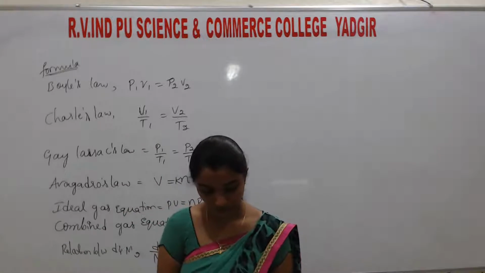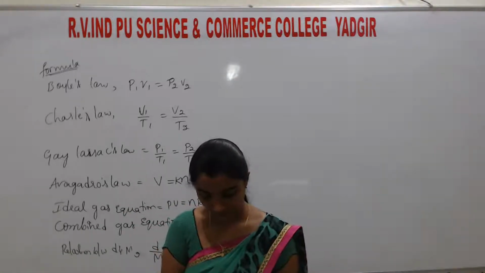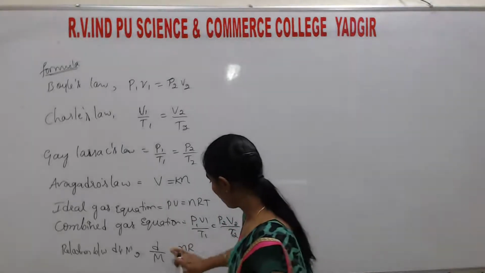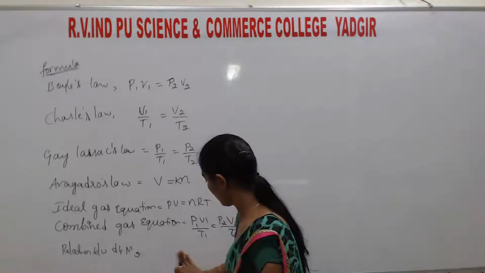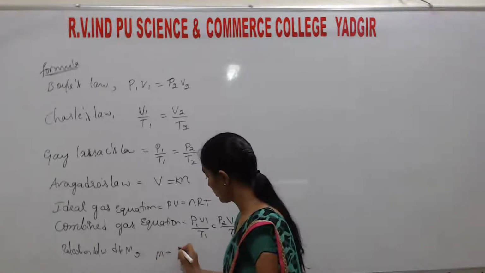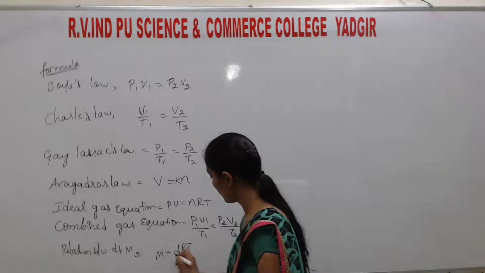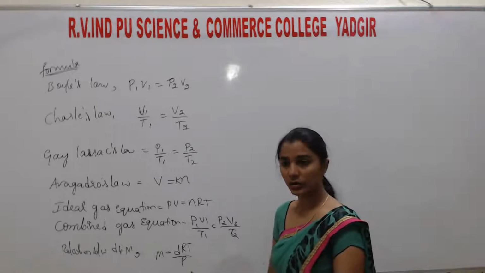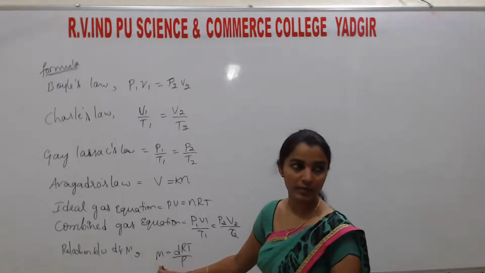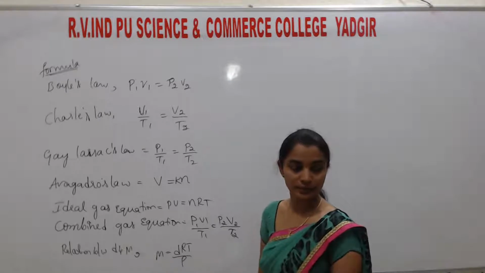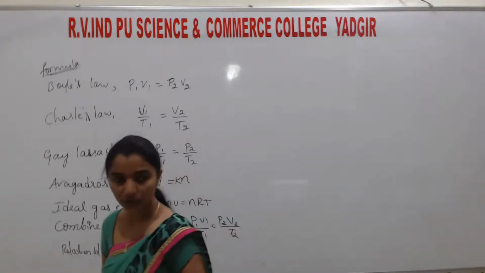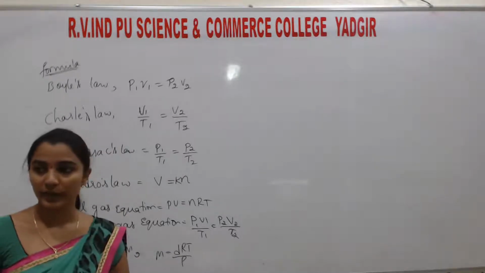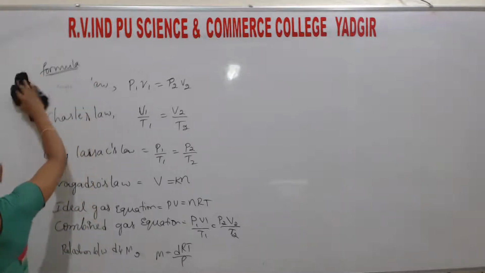Wait a second. M is equal to dRT divided by P. Same as before, what I wrote, very same. Now I will directly write the equation for mass. Understand? So this is all about the formulas which we are going to observe in gases or states of matter. Okay. Let's discuss the problem.